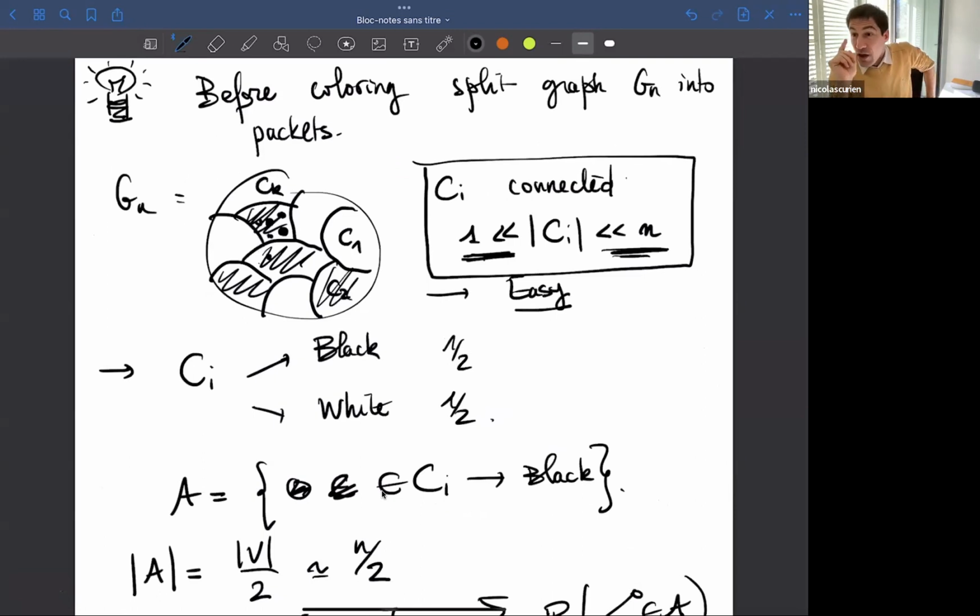because usually the probabilistic method enters here twice, not in the proof. In the proof it enters only once, because I'm just coloring a fixed graph. The graph is not random. I want to prove that for a fixed graph Gn, there exists some subset A with some property.